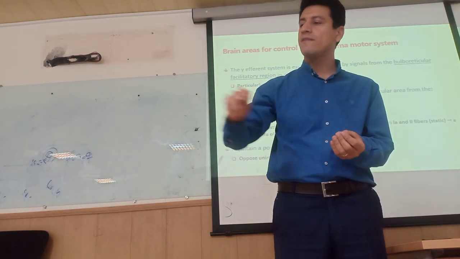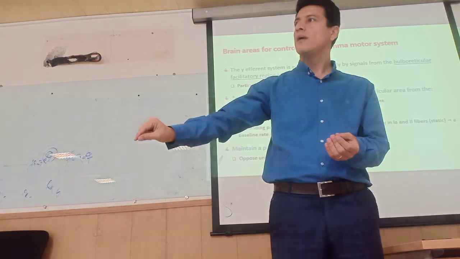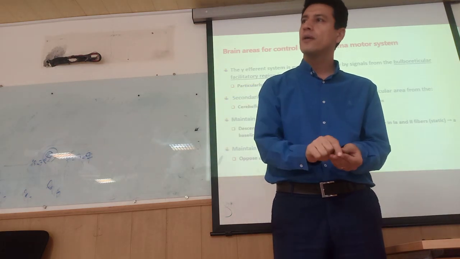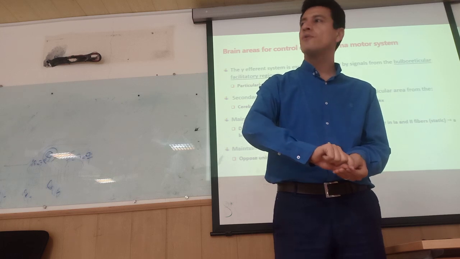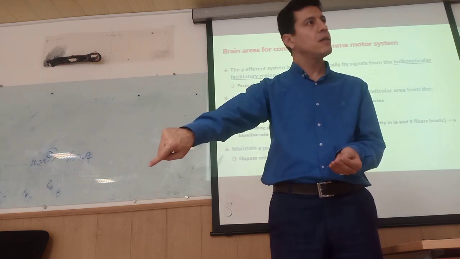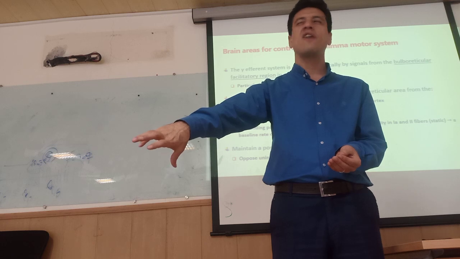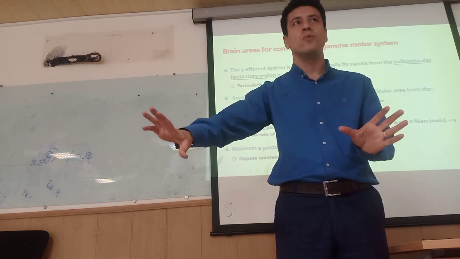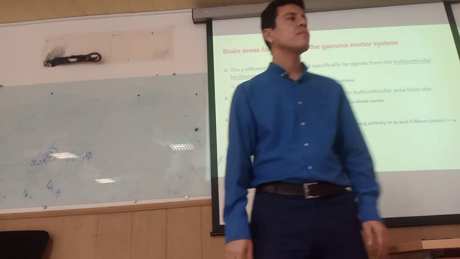Gamma motor neurons activate muscle spindles. Muscle spindles send action potentials to the spinal cord. Alpha motor neurons come back to the muscle, activate the muscle. So we have partial contraction in the muscles, which is called tone. Right?